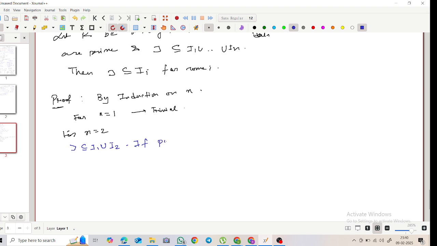If possible, let J not be contained in I1 and J not be contained in I2. So J is contained in the union but not contained in any of them. So there exists x1 belonging to J minus I1.